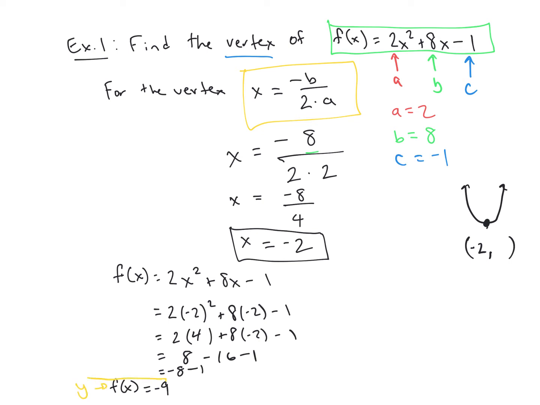So the y-coordinate at that point would be negative 9. So my vertex would be that point. My vertex would be negative 2, comma, negative 9.